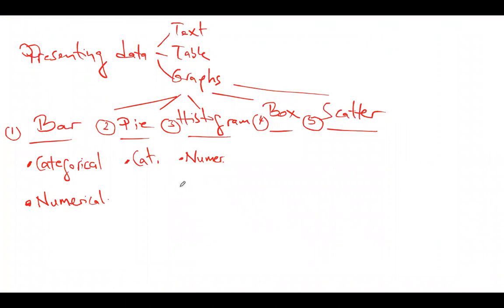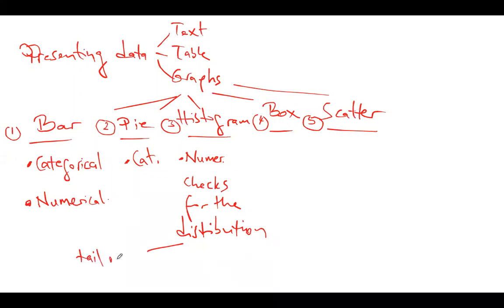To check for the distribution. If tail on left, we call it left skewed.